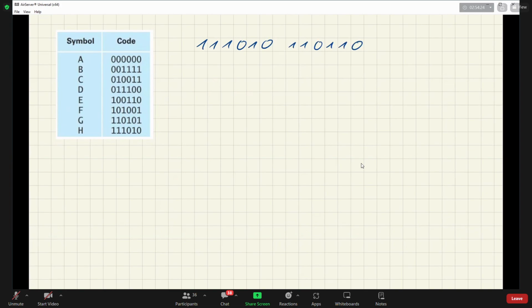And now we are comparing what we received with the original table, and we have here 1 1 1 0 1 0, and that's H. So we have here exactly the same bit pattern. So we have here an H. Now 1 1 0 1 1 0, you are not finding in the table.